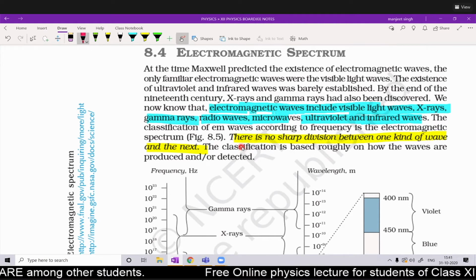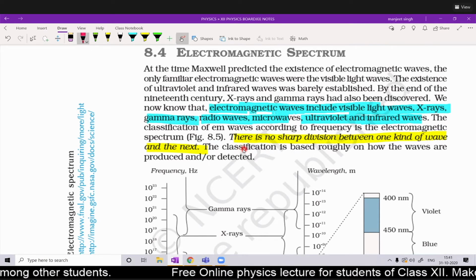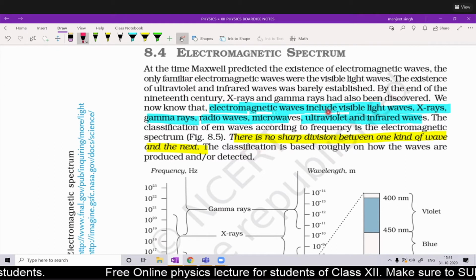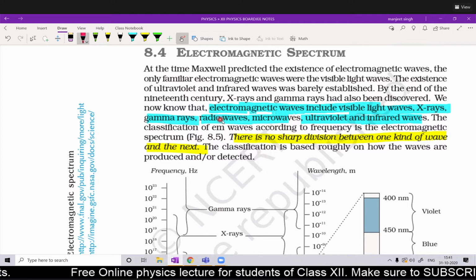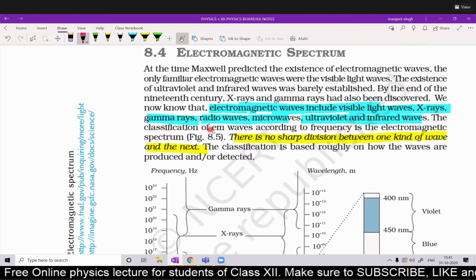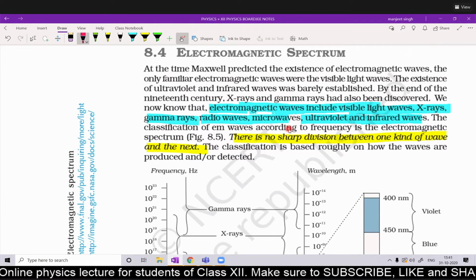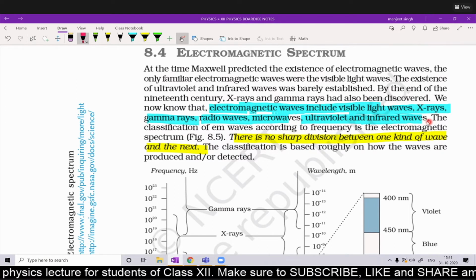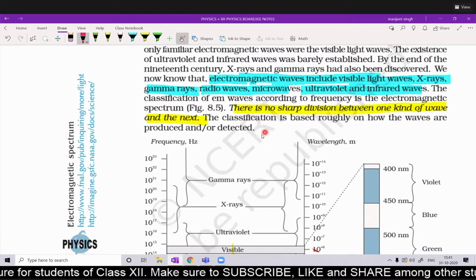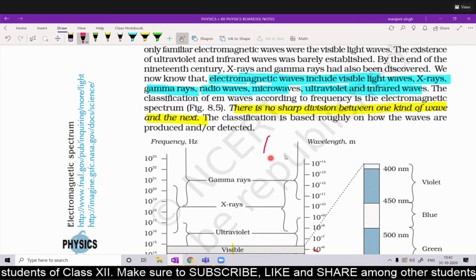So we cannot see dark matter, dark energy, but the electromagnetic wave still pervades there. We know that electromagnetic waves include visible light waves, X-rays, gamma rays, radio waves, microwaves, ultraviolet and infrared waves. All these are electromagnetic waves.